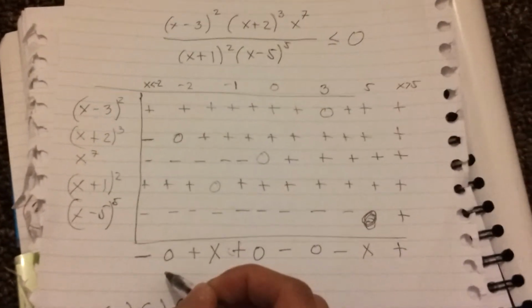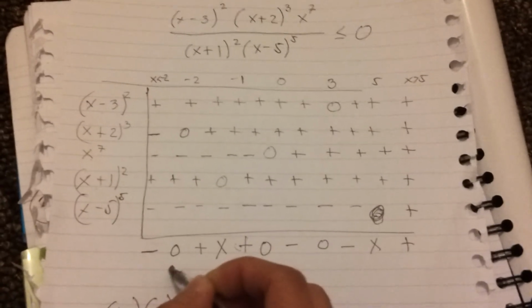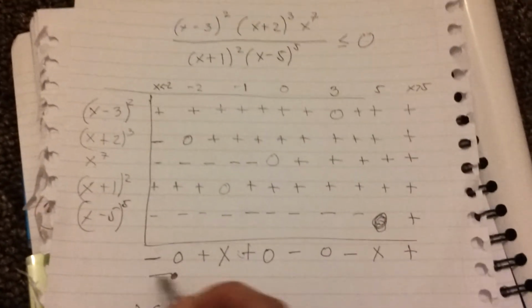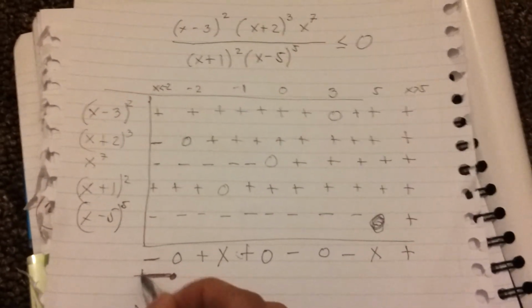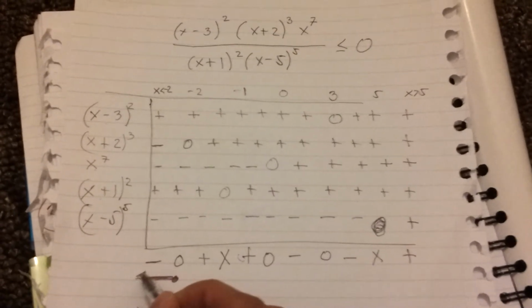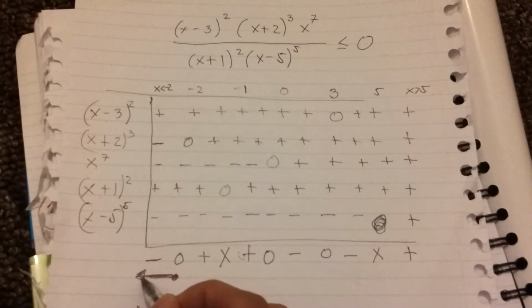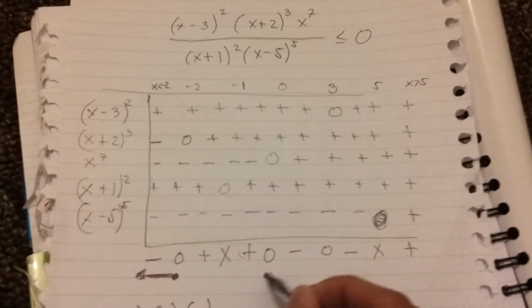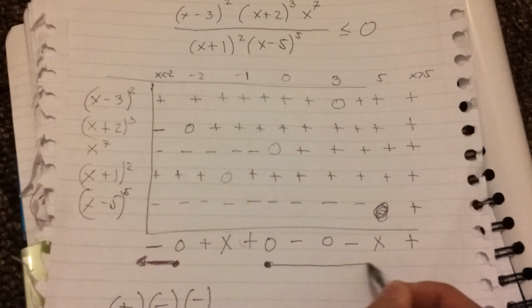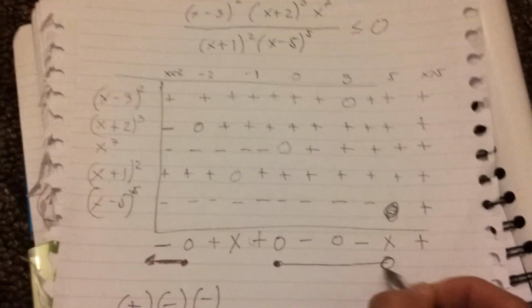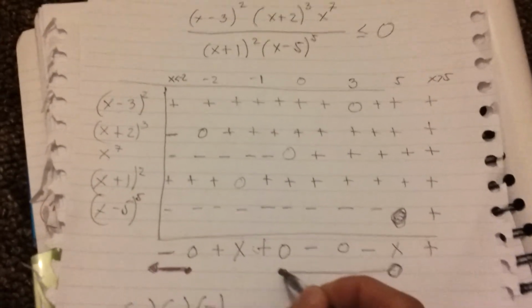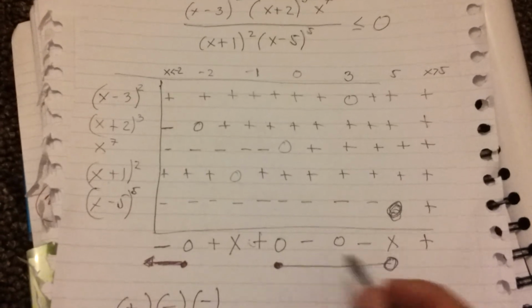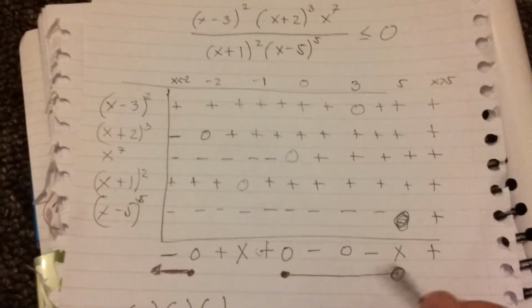So, our solution, this dark circle means it is included, and this hollow circle means it is not included.